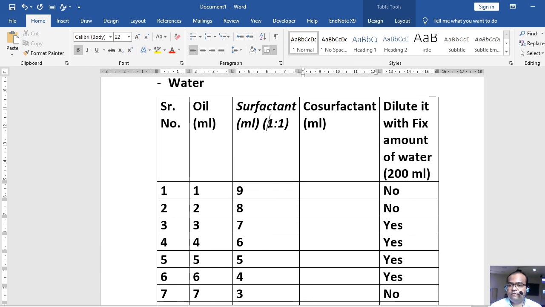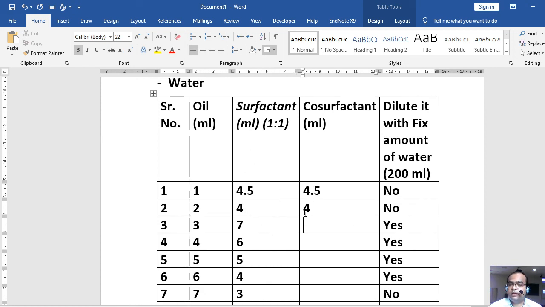Let's say you have added 1 ml of oil and 9 ml of S mix, then we can decode it, or recalculate what is the proportion of surfactant and what is the proportion of co-surfactant. For example, if I am taking 9 ml of S mix of 1:1 mixture, the amount will be like 4.5 and 4.5, right? In a similar way, if it is 8 ml, then it will be 4 ml and 4 ml, right?